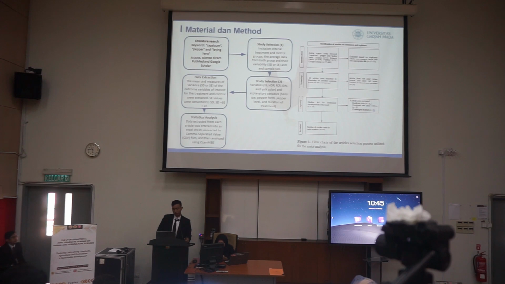And after we finish this selection, we continue with further selection. The article must contain feed intake, hen day production, FCR, egg weight, and egg yolk color. After we get the studies that meet the inclusion criteria, we collect the mean and variability and analyze with the OpenMEE software. We can look at the details on the right side.